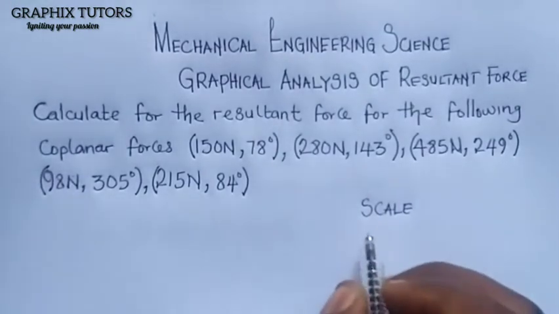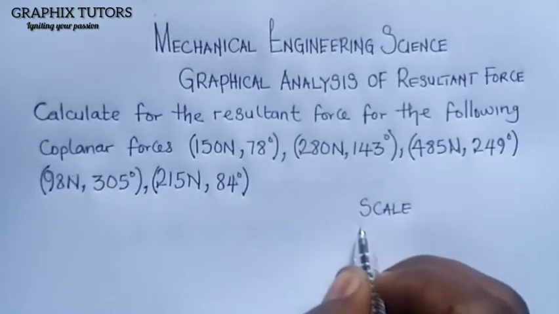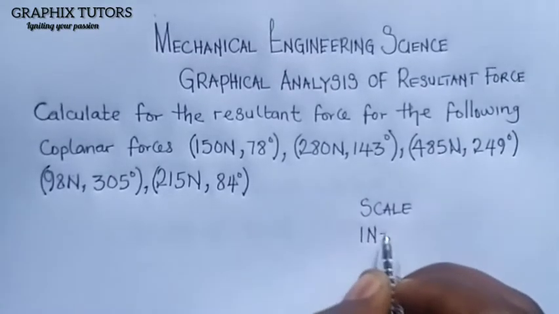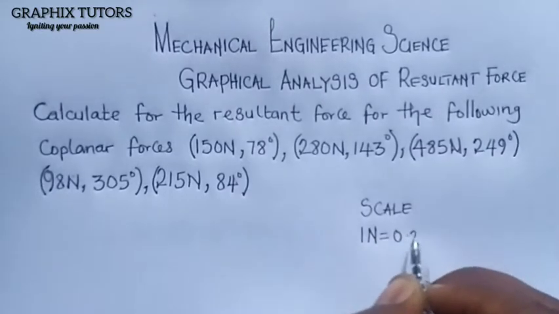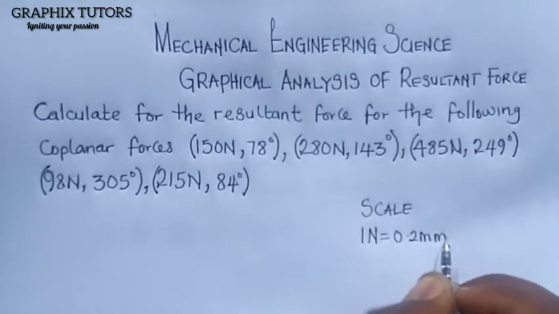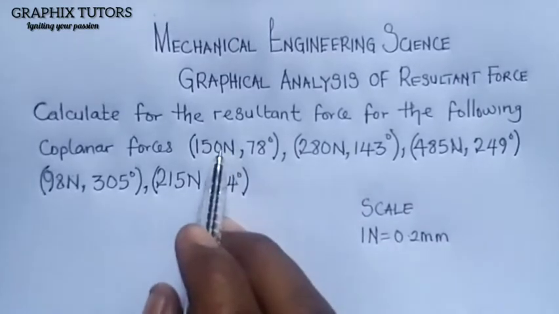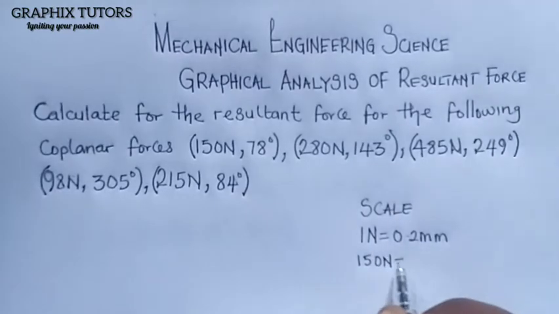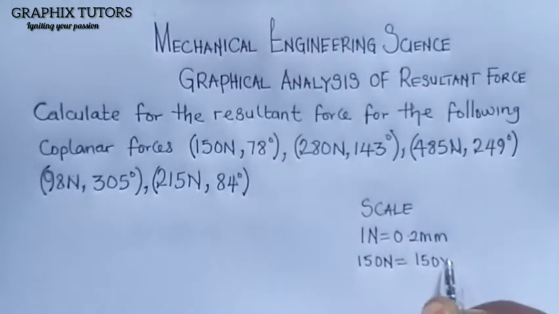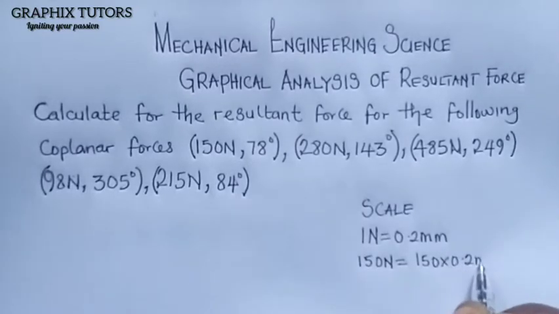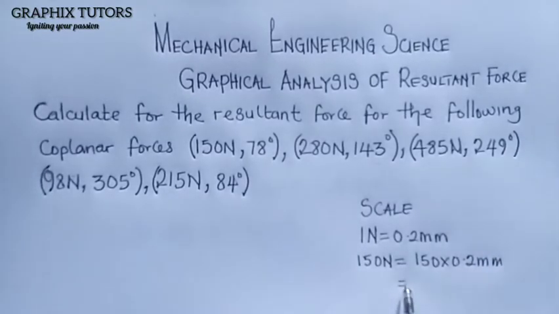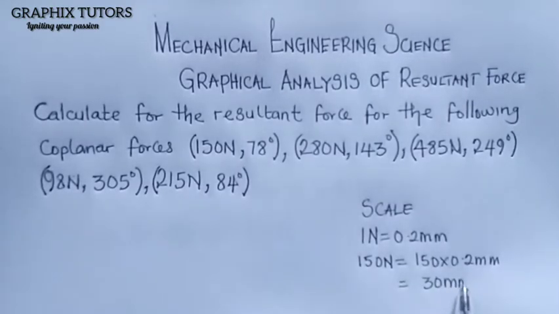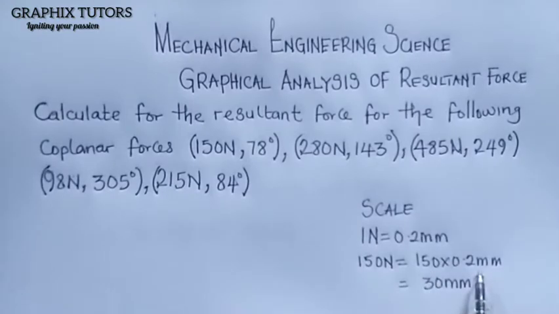So if I say let 1 Newton be equal to 0.2 millimeter, I'm taking the first one. 150 Newton will be equal to 150 multiplied by 0.2 millimeter. When you multiply 150 by 0.2, you have 30 millimeter. So this is what I'm having here.